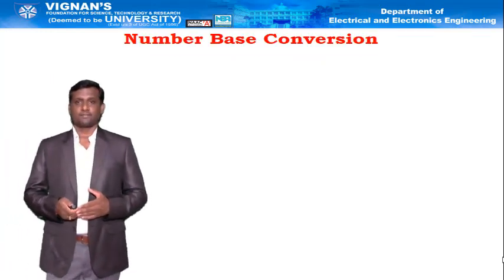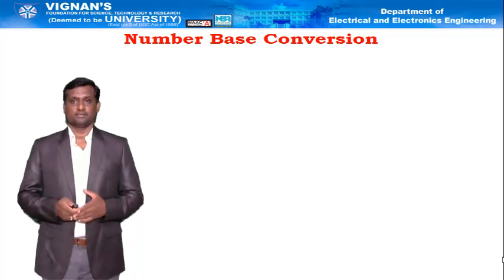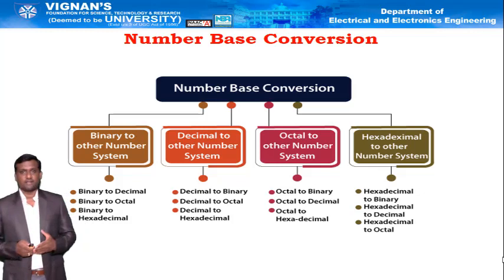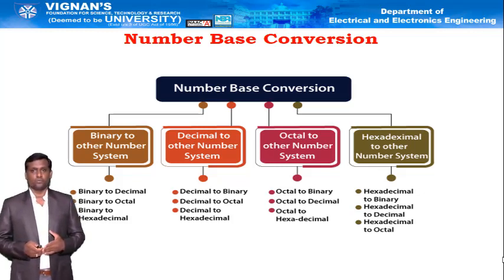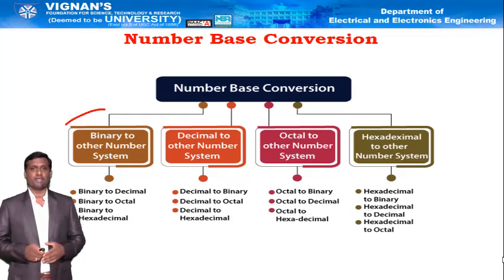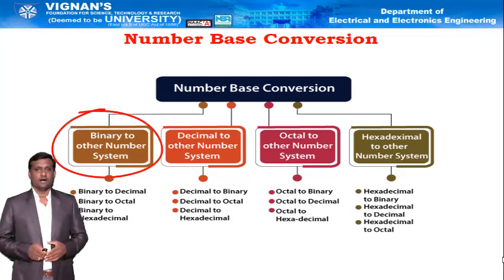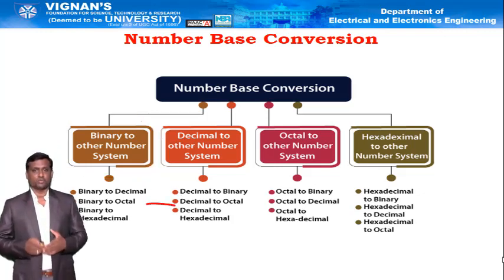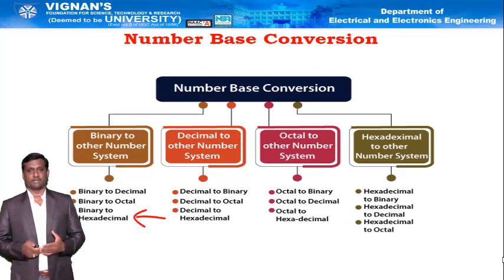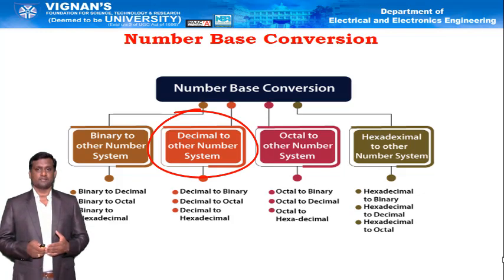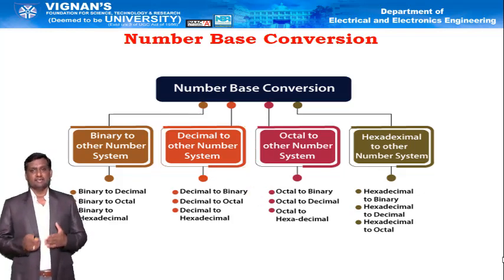Next one, number base conversion. In number base conversion we have 4 varieties of conversion. One is binary to other number systems, that is binary to decimal, binary to octal, binary to hexadecimal. Similarly, decimal to other number systems, that is decimal to binary, decimal to octal, decimal to hexadecimal.